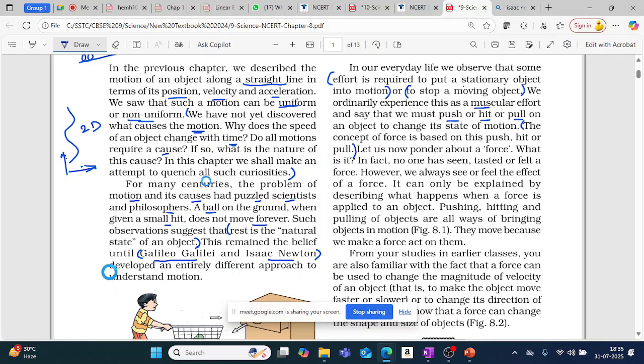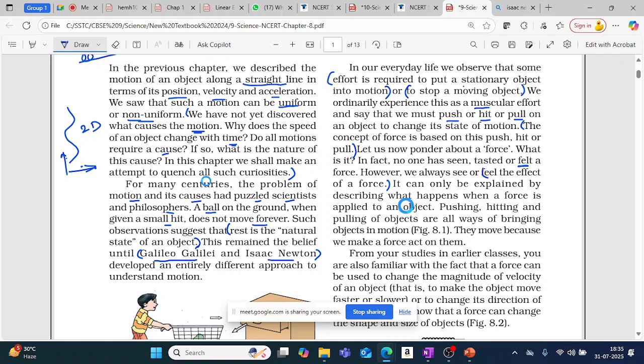So what is force? Nobody can see, taste, or feel force. We can feel the effect of force. If heavy wind is there, we feel like getting pushed. So we cannot feel the force, but we can feel the effect of force.